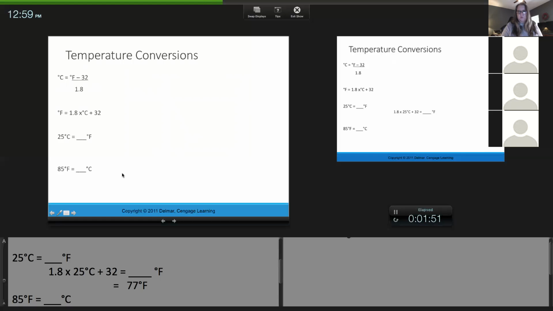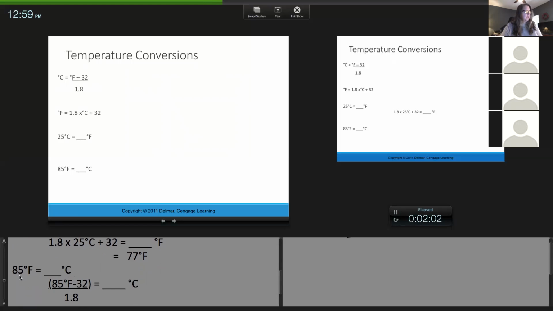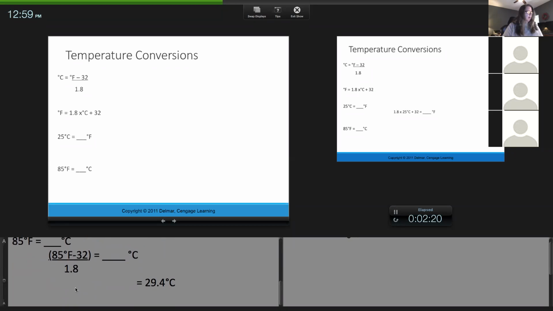If you look at the notes page of this PowerPoint, it works out the problems for you. On the screen, I think you can see it right here, 85 degrees Fahrenheit. The first thing you would do is subtract 32 from 85, which would give you 53. Then 53 divided by 1.8 should give you 29.4. Now let me pull up my calculator real quick.